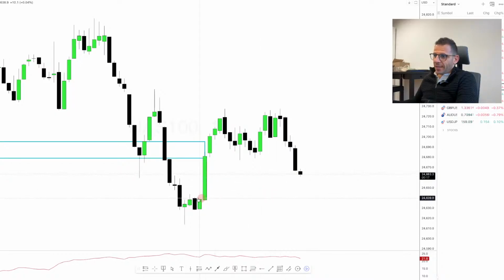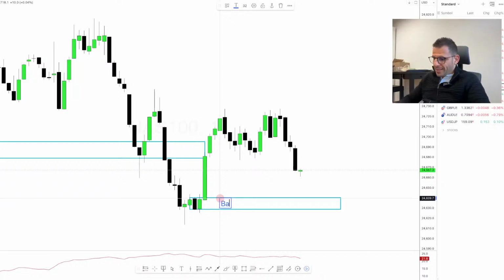On NASDAQ, this area here is a balance area. Why is this a balance area?